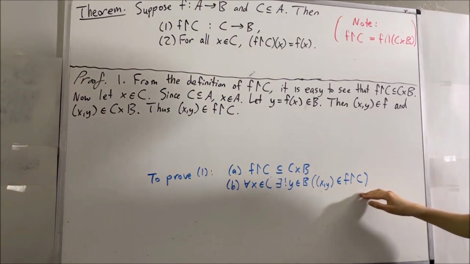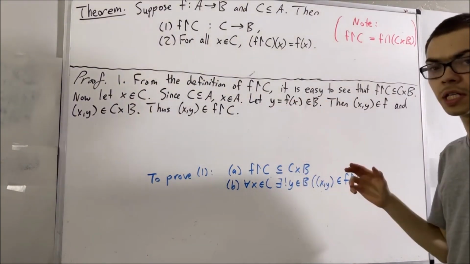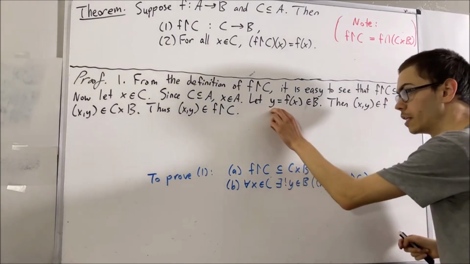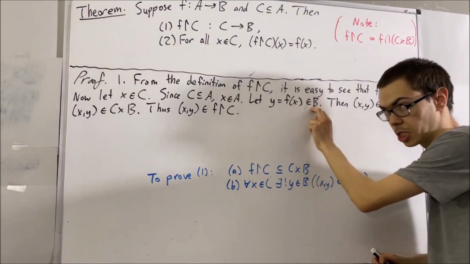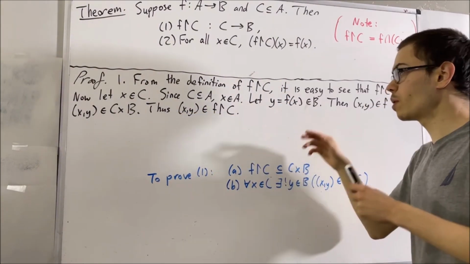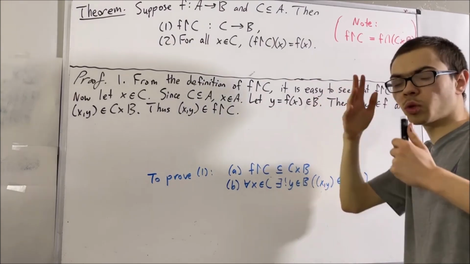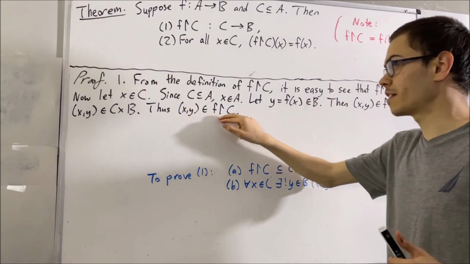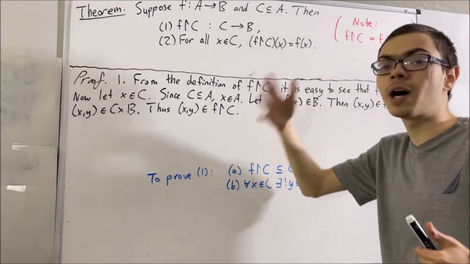So now we want to prove that this element y that we found is unique. That is, we want to show that y is the only element in B such that x comma y is an element of f restricted to C. And the way we're going to prove y is unique is we're going to prove that every element in B that satisfies this condition is equal to y.